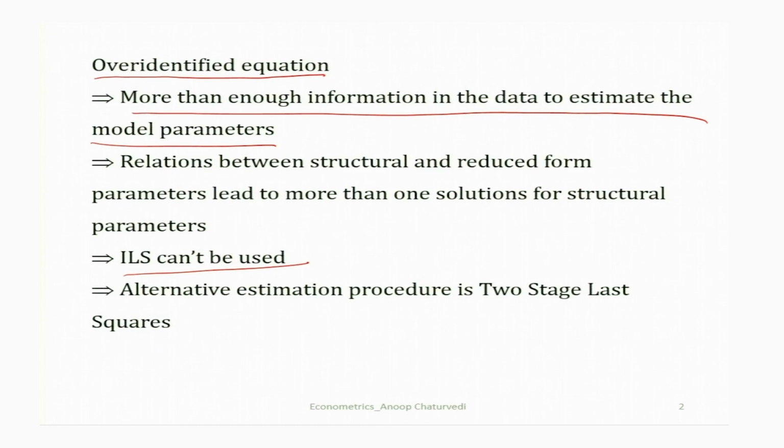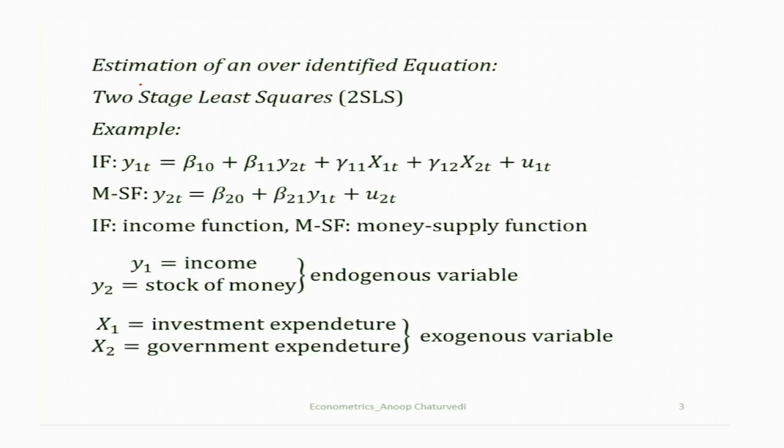And since it fails to provide a unique estimator, we look for an alternative estimation procedure, and one of them is the two-stage least squares estimator. So, we consider the estimation of an over identified equation and the two-stage least squares estimation procedure.